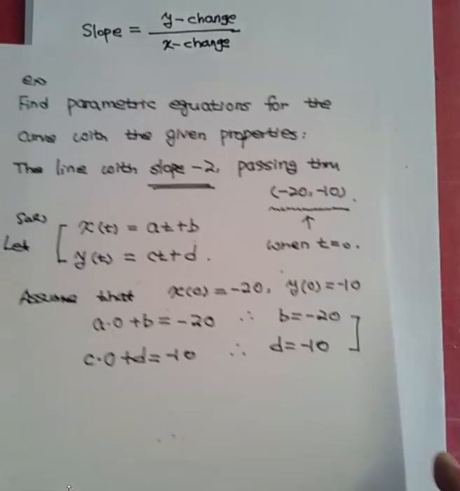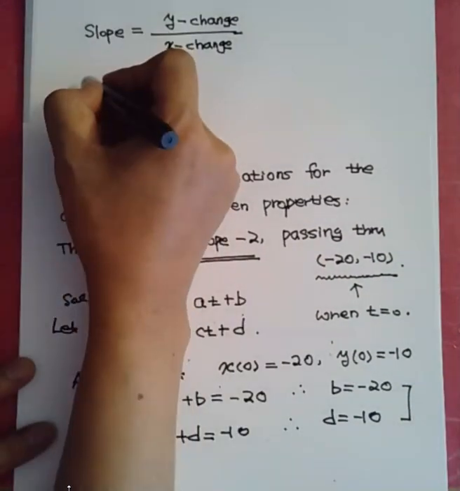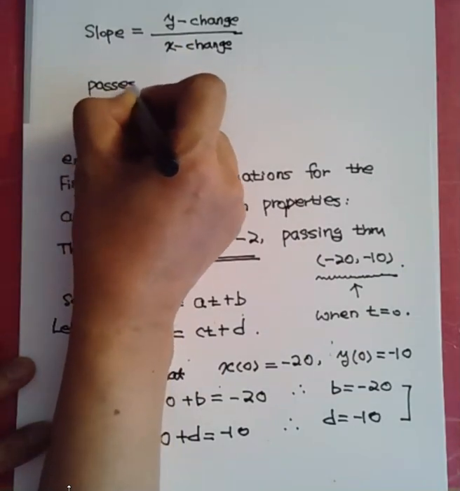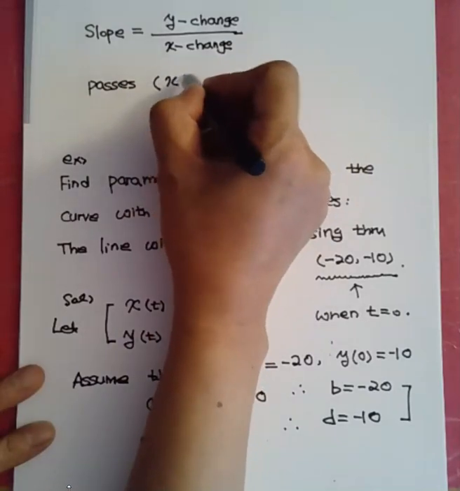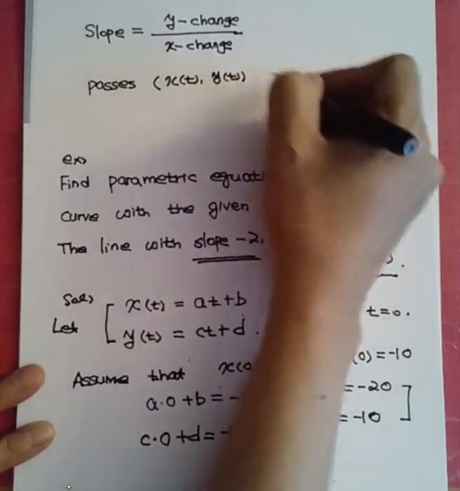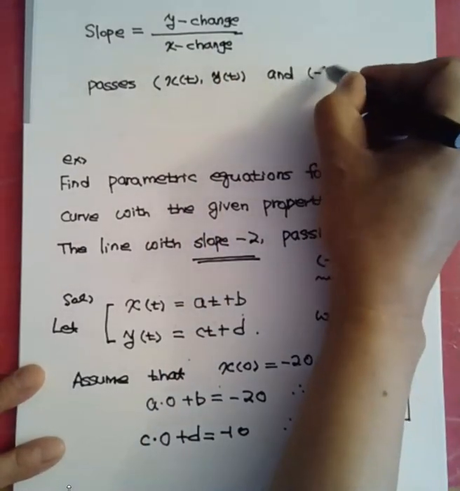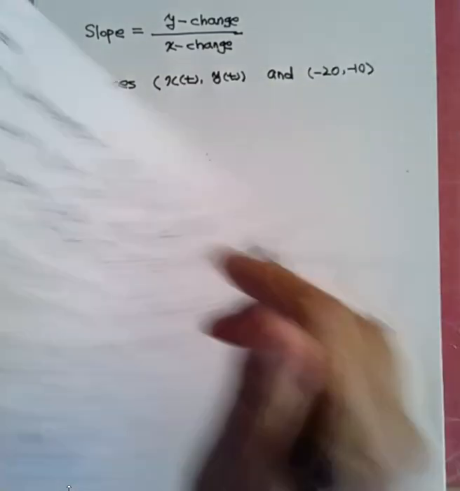We will assume that it passes through x of t and y of t and minus 20 and minus 10, which is a given point.